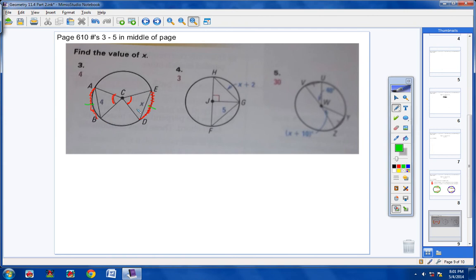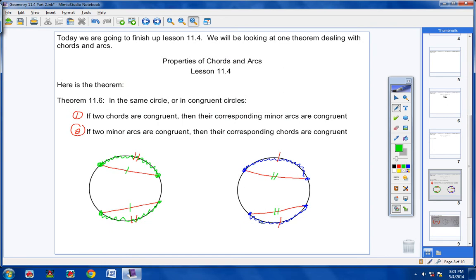Now, what did we just learn, guys? Come on, watch this. Did we not just learn that if an arc is congruent to an arc, let's go back to our picture and look, then the chords that made those arcs, that chord and that chord, will be congruent.